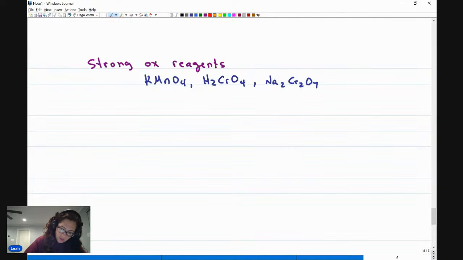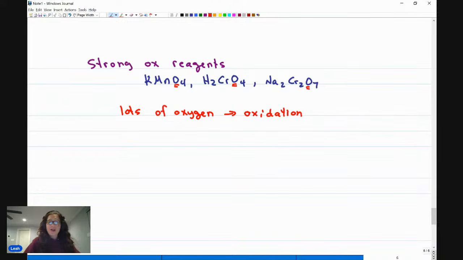But I want you to notice a pattern here: oxygen, oxygen, oxygen. The oxidizing reagents have lots of oxygen, and that is how I want you to recognize that this is an oxidation reaction. I have seen students tell me reduction when they see this. No, no, no. Oxidation, lots of oxygen.